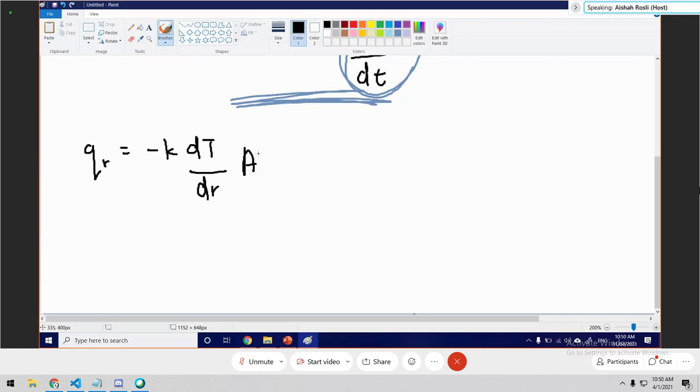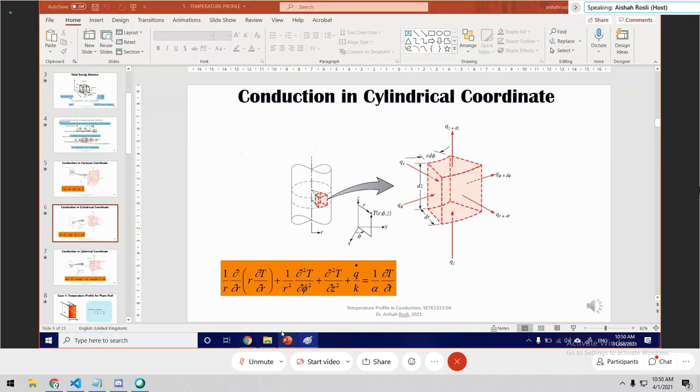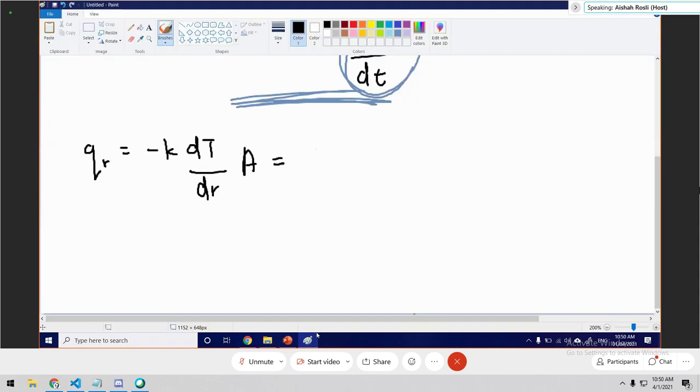Or minus k area times dT over dr. So in this case, we substitute the area, because the area in the r direction, much like the Cartesian coordinate, is this.